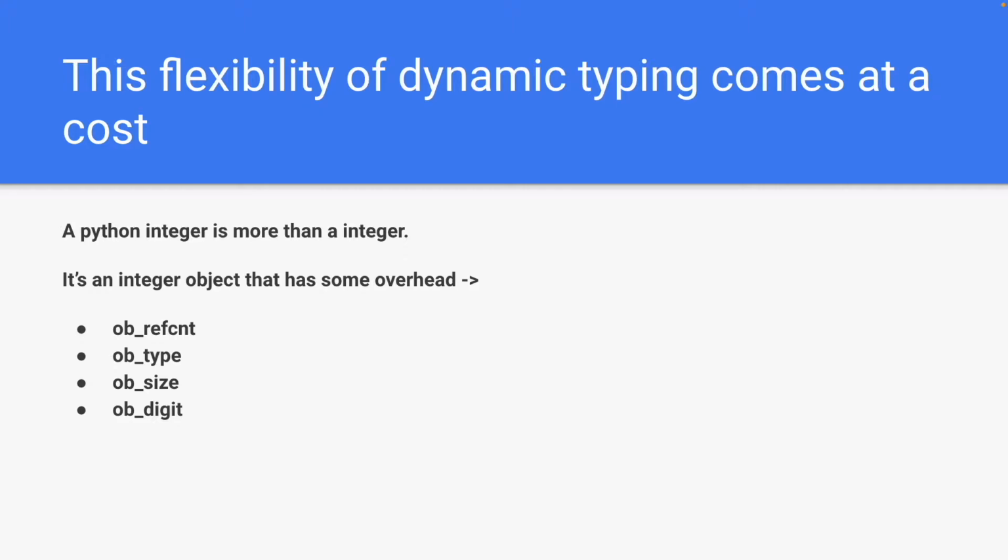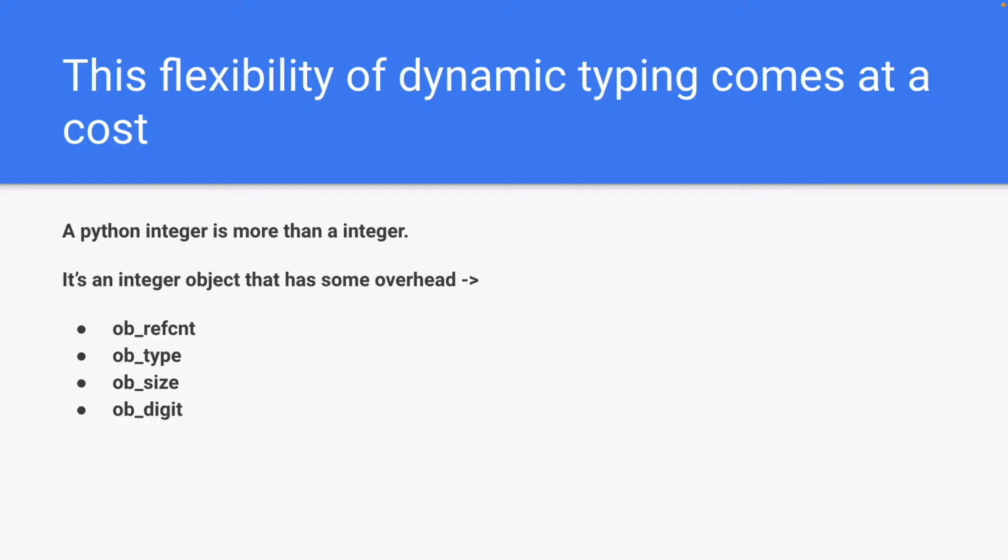The overhead that I'm talking about is ob_refcnt, which is basically a reference count, and an object type: what is the type of the object, whether it's integer or string. Then the object size, how much size it has, and the object digit, which, as the name suggests, contains the actual integer value that we expect the Python variable to represent.